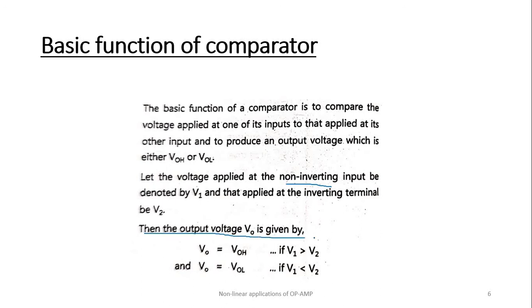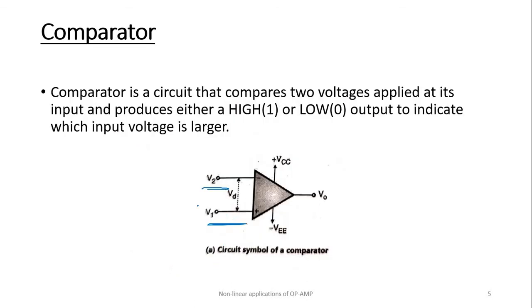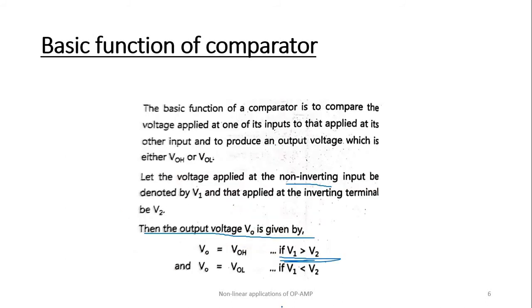Then the output voltage is given by: if V1 is greater than V2, we get output VOH, output high, and if V1 is less than V2, meaning the inverting terminal voltage is greater than the non-inverting terminal voltage, then the output is VOL, output low.